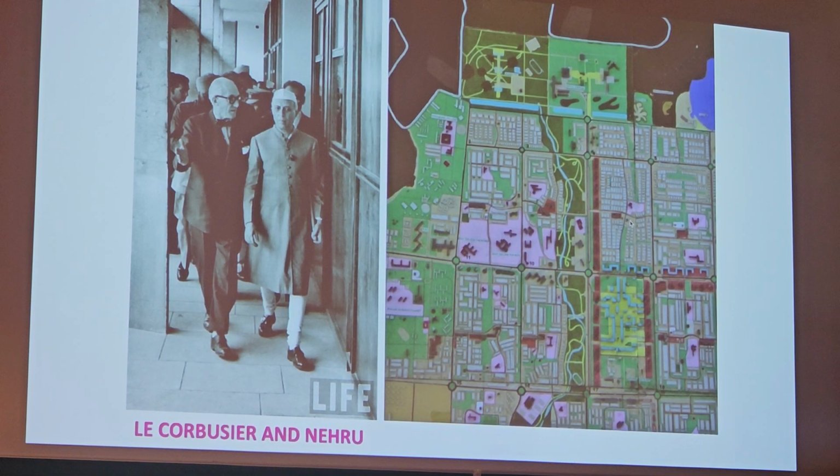So Nehru in India was working together with Le Corbusier to frame this system of Chandigarh. So new city, new capital, symbolic buildings, lots of housing, but also having its anchor be in landscape systems.